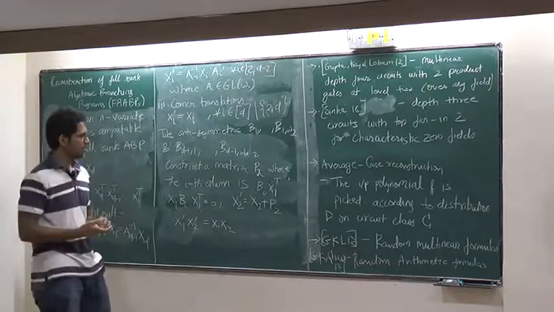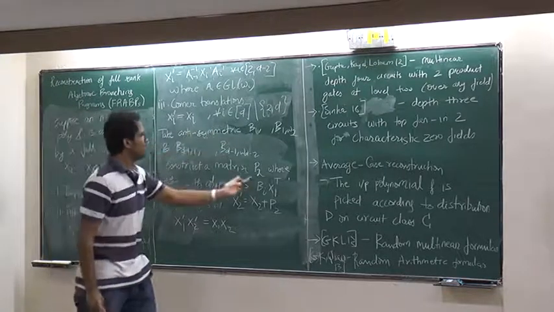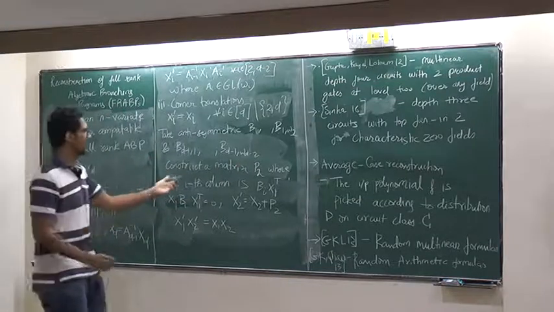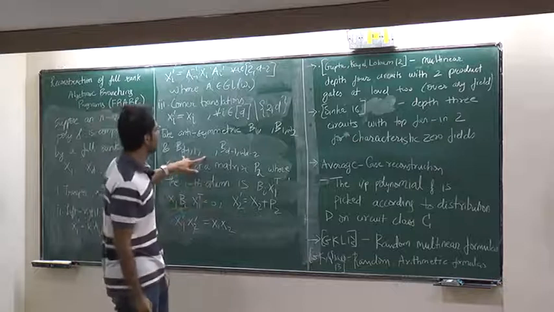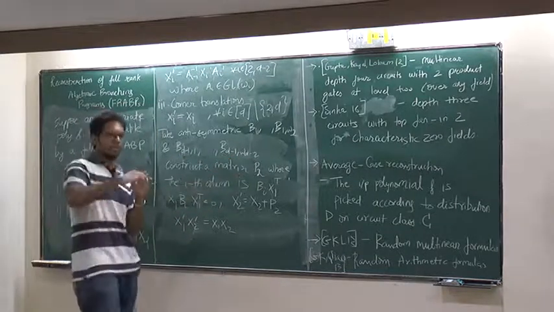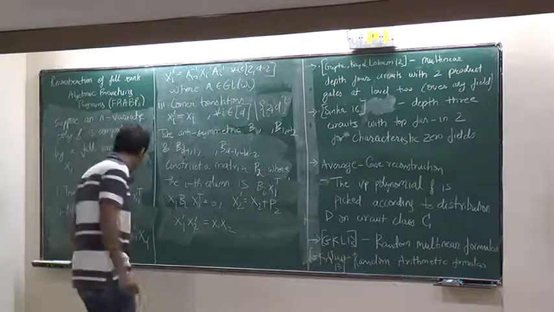The construction for the other part, that is x prime d minus 1, would be similar. You look at these antisymmetric matrices, bd minus 1, and you fix the rows of the matrix.